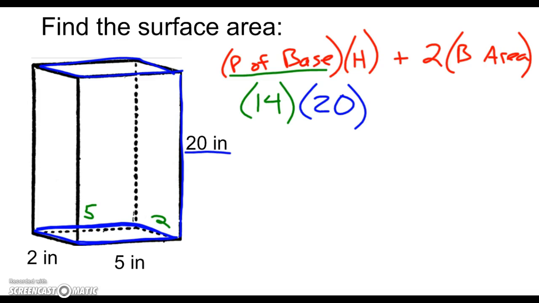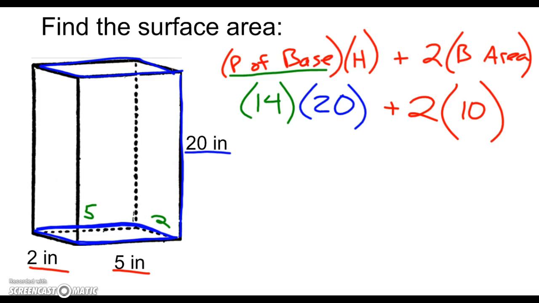And then our base area. Our base area, again, so everything revolves around the base. We have a rectangle, and it is a 2 by 5 rectangle. So 2 times 5 would give me my base area, which is 10. All right. So then we just got to add up everything, do these little calculations.